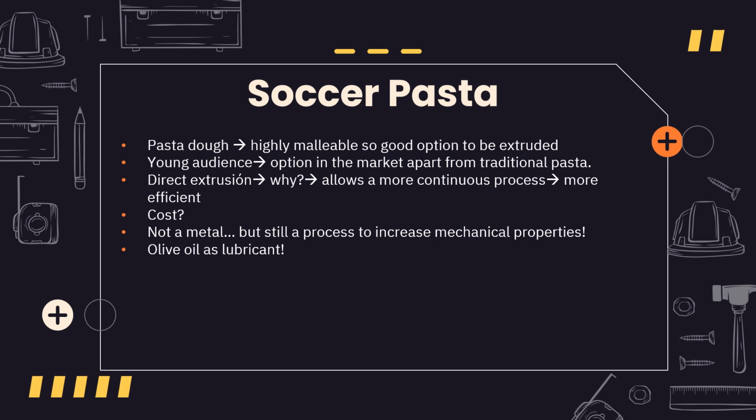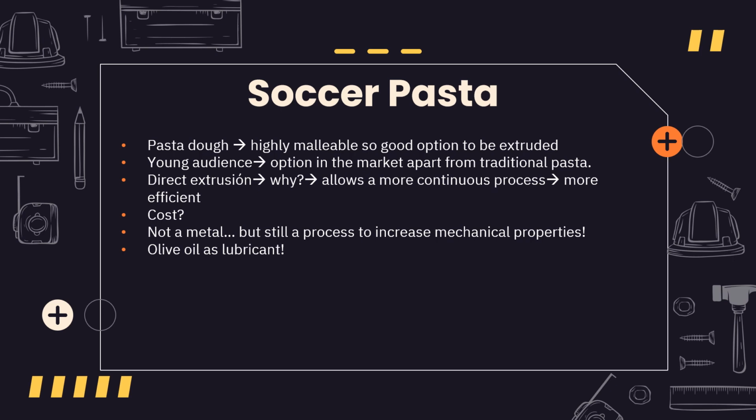Then also I will be targeting the young audience. I think there is an empty space in the market of pasta, and this would be ideal for the purpose of this company, which is to increase the sauce and the meat that can be taken with this pasta.